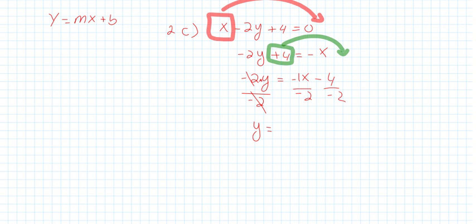Positive, so I have 1 over 2x. X over 2, 1 over 2x, doesn't matter. They mean the same thing. The important part here is that the negative and the negative cancel each other. And then negative 4 over negative 2 is positive 2.